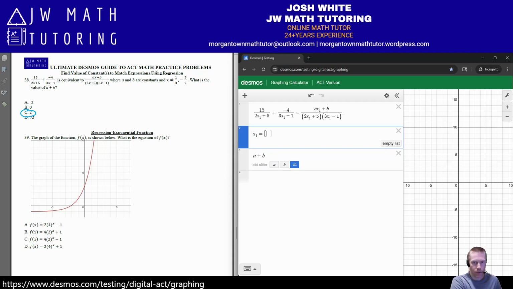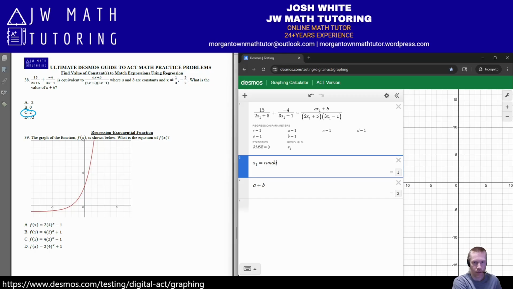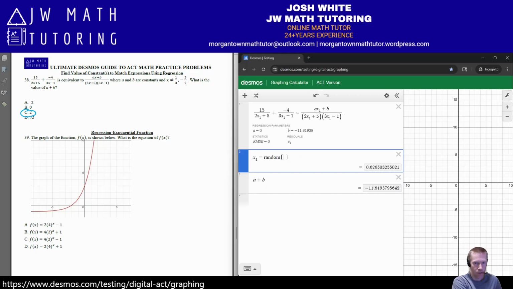And a third way you could do it is you could actually type random and then just pick whatever, 5. Here you don't need the brackets. The other things you do need the brackets. This just picks 5 random numbers. Usually they're decimals. And it will also work for this type of problem to find the values of the constants. So any of those three are acceptable.